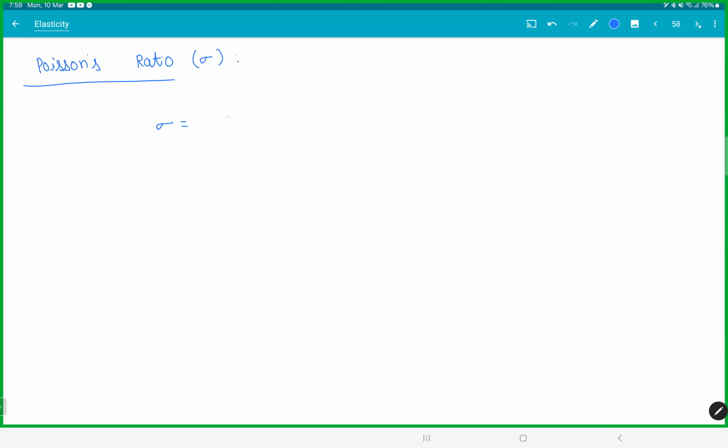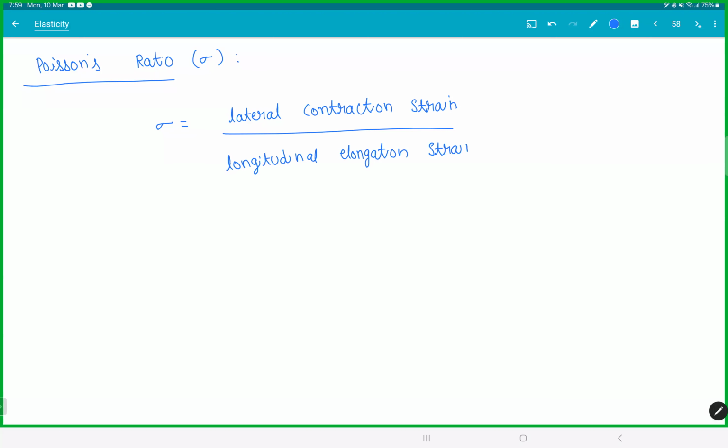So sigma is the ratio of lateral contraction strain by longitudinal elongation strain. So lateral, meaning we're talking about the radius, minus delta r by r, by delta L by L.